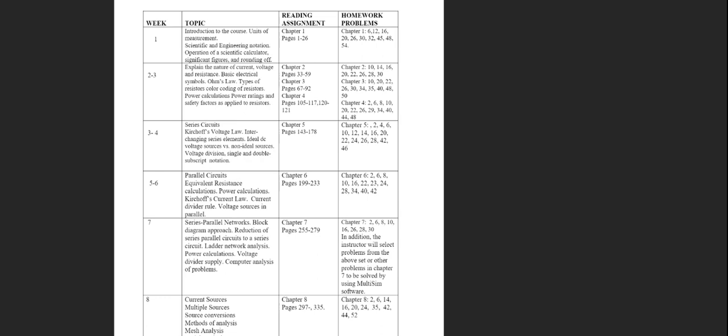For example, for week 1, we are going to go over the introduction, which is chapter 1, and you have to do this homework for the next week. Usually, when a week is finished, you have to do the chapter questions that we have here.